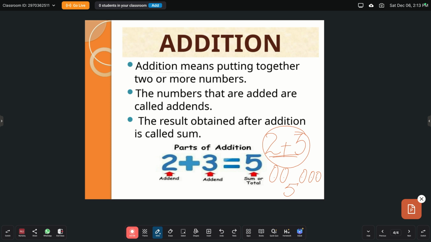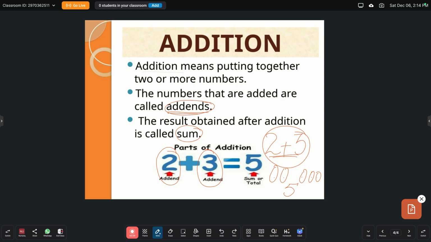Okay. So now there are two terms that are important in addition. First term is addend, and the next term is sum. See beta, the numbers that are added are called addends. Like here, I have 2 as my first number and 3 is my second number.